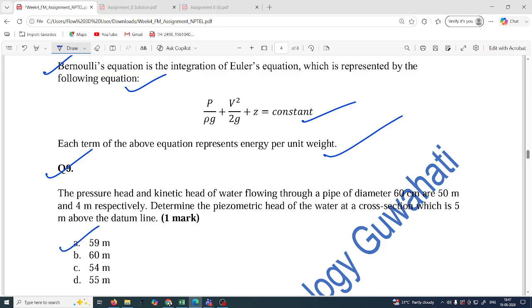Option A 59, option B 60, option C 54, option D 55.